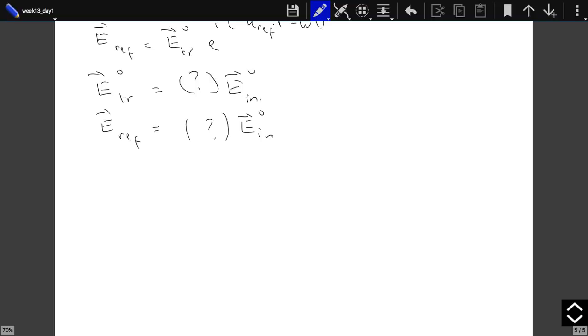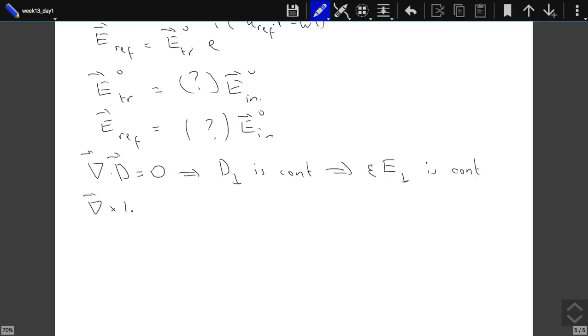Now, what about the continuity conditions we have? Divergence of D is equal to 0. Well, this tells me that D perp, which is just epsilon times E perp, is continuous. This is one condition I have. Curl of E is equal to minus 1 over c del B by del t. Well, this tells me that E parallel is continuous.